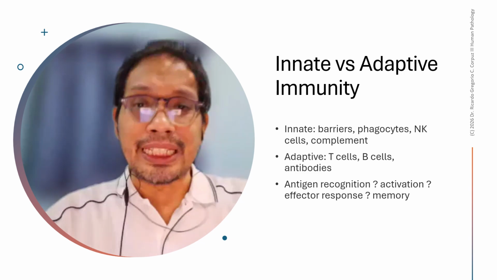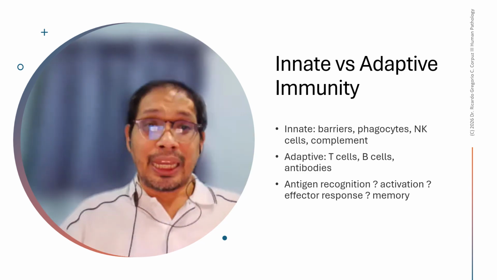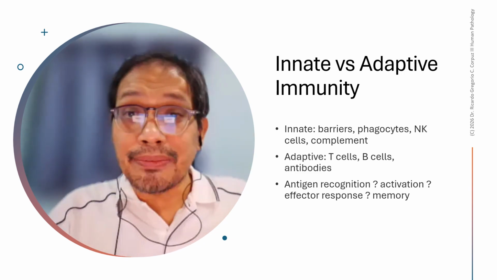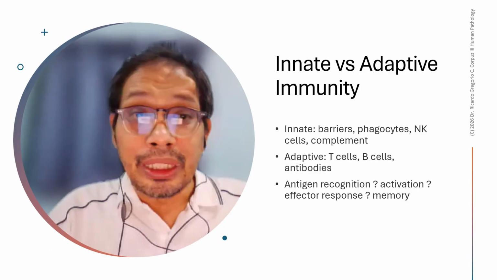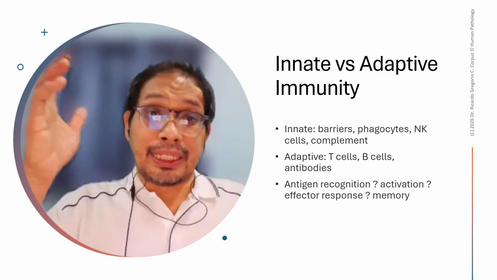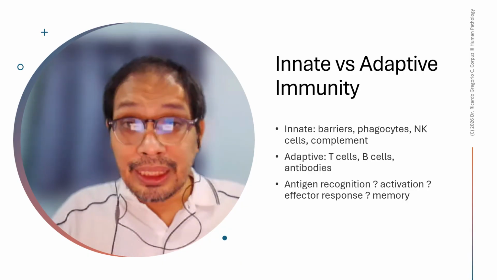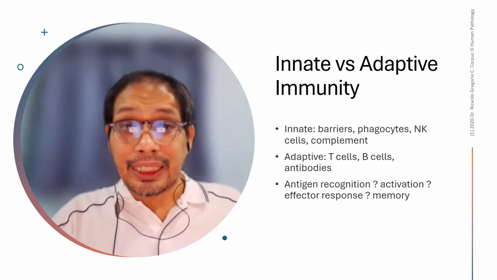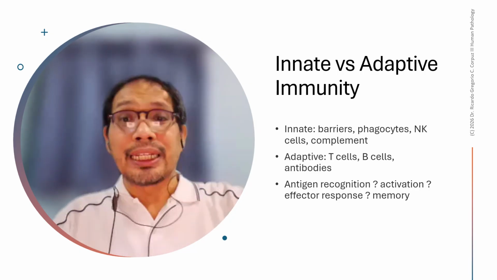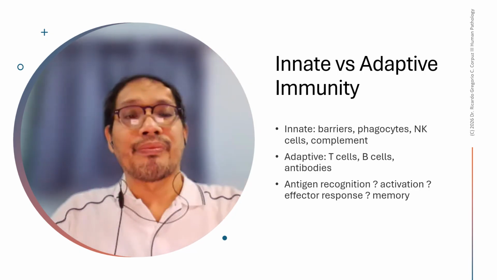Adaptive immunity, the T cells and B cells, antibodies. Adaptive immunity is antigen specific and improves with repeated exposure. T cells: the CD4 helper T cells coordinate the immune response via cytokines. The CD8 cytotoxic T cells kill infected or abnormal cells.